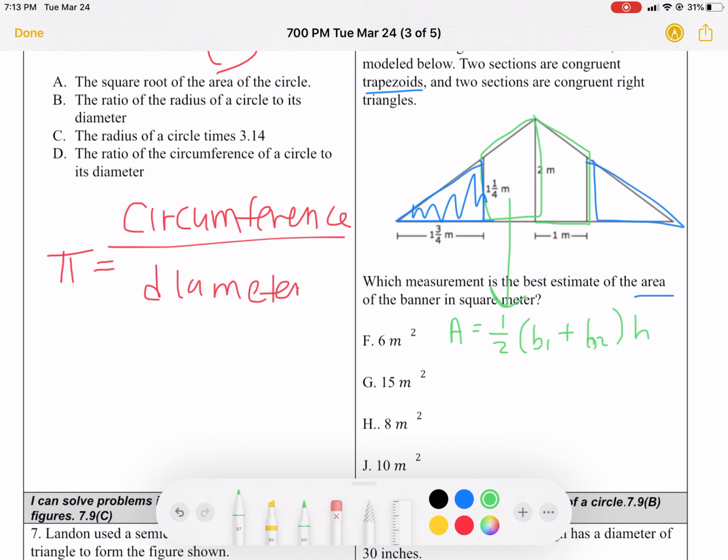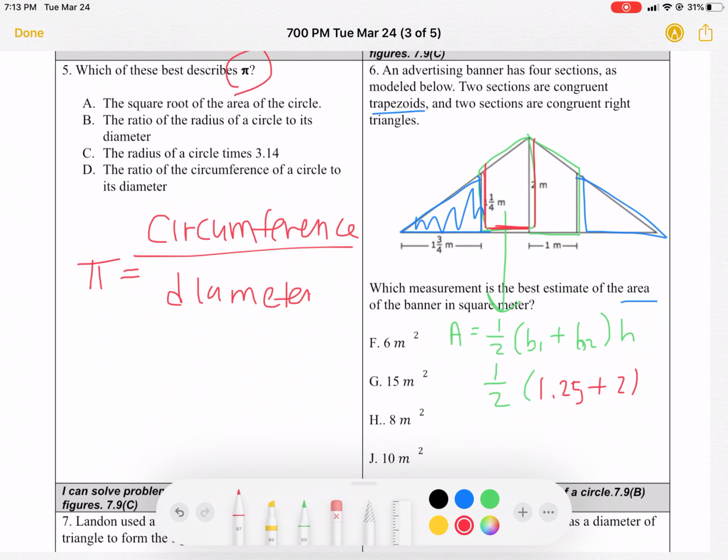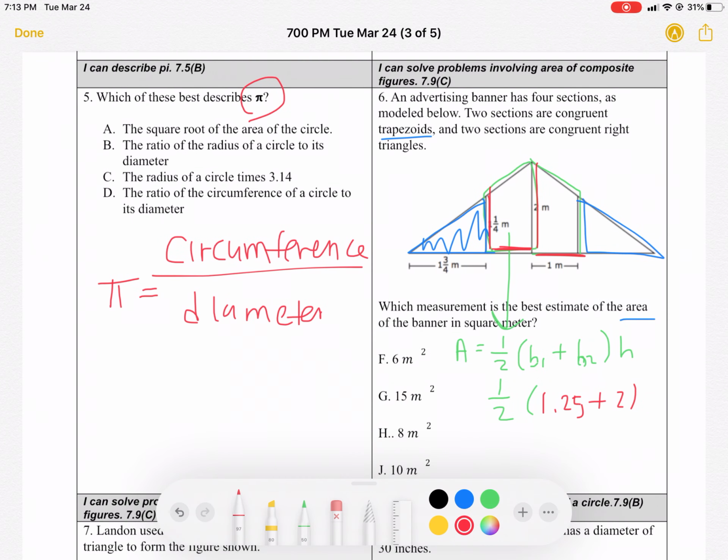So I'm going to plug in numbers. It's going to be 1/2. My base is going to be the two parallel sides. So 1 1/4, which is same as 1.25, plus 2. The height doesn't tell you, but remember they're congruent, so it's gonna be 1.